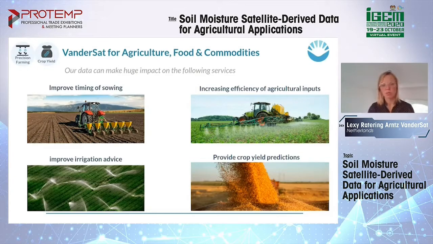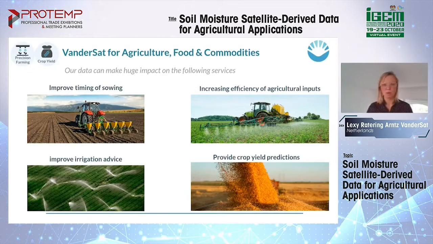Together with agricultural knowledge from our partners, we can improve the timing of the sowing, because soil moisture is a very essential parameter. If you know the correct soil moisture, you can really improve your sowing practices. And you can also increase the efficiency of the agricultural inputs. For example, applying fertilizer should be done within the right soil moisture conditions.